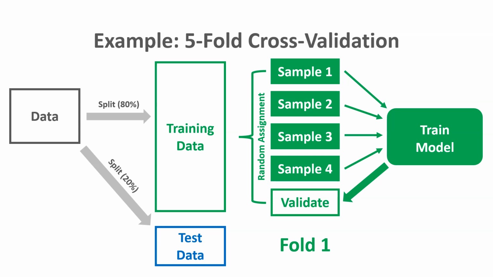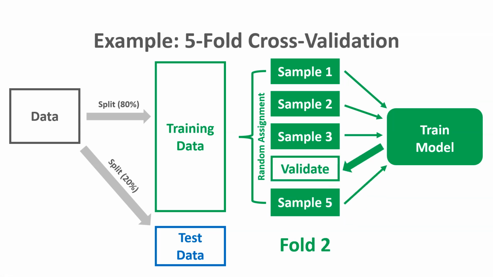In the first fold, we would take the first 4 samples, pool them together, train our model, and then use the holdout sample, that 5th sample, to cross-validate it.